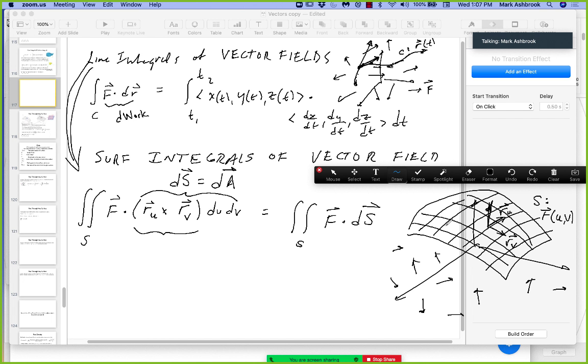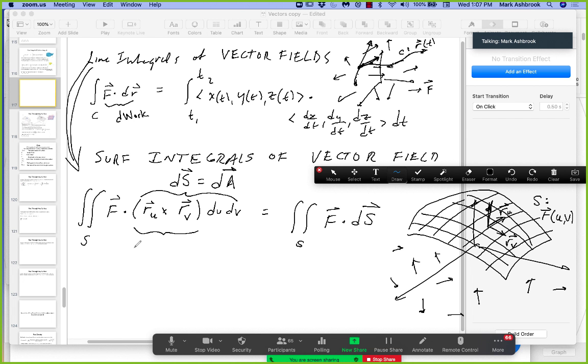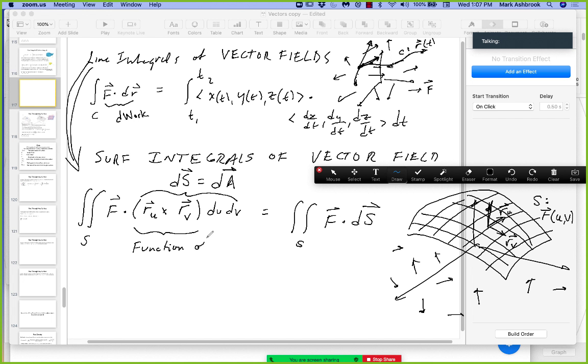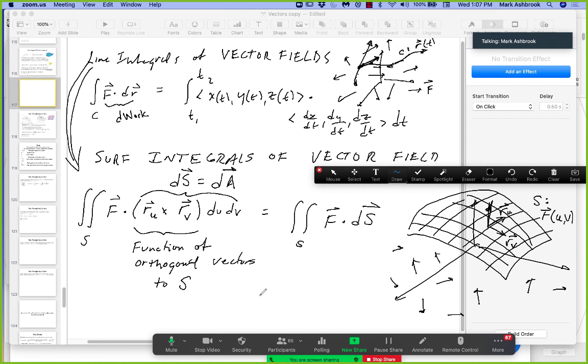So now on that surface, you have all these vectors of the field f. As u and v vary, this ru cross rv gives vectors orthogonal to the surface.